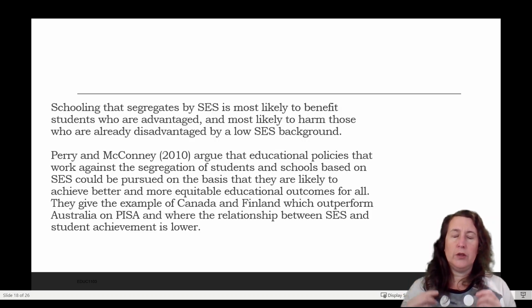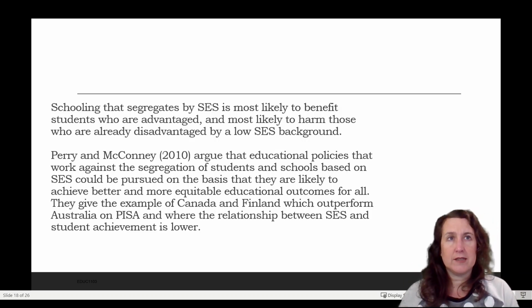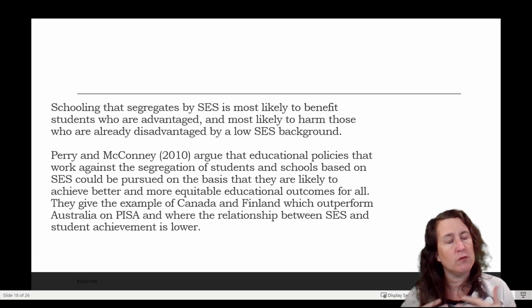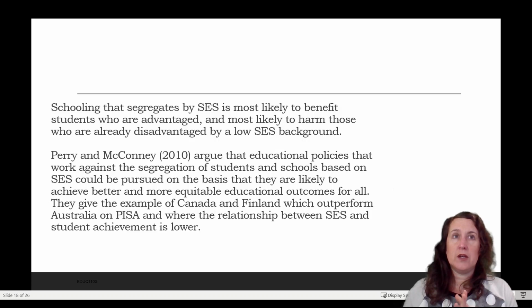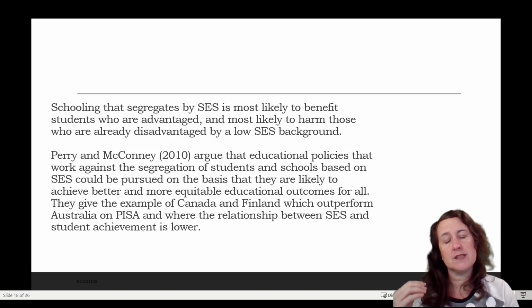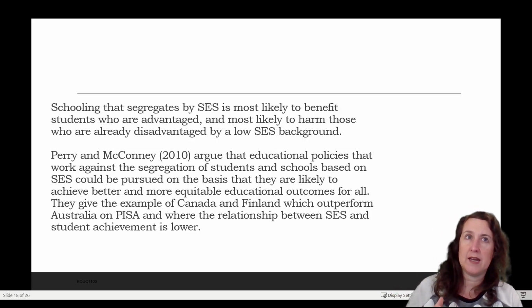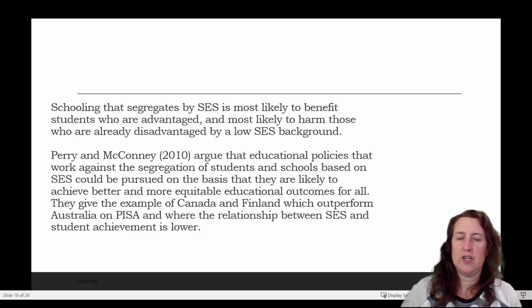So our new Federal Education Minister, Alan Tudge, gave a speech a couple of weeks ago talking about how our results are falling and we need to go back to basics. Now, Laureate Professor Jenny Gore argued in a newspaper response to that that's a simplistic notion that doesn't take into account other factors such as socioeconomic status that impact on students' achievement.